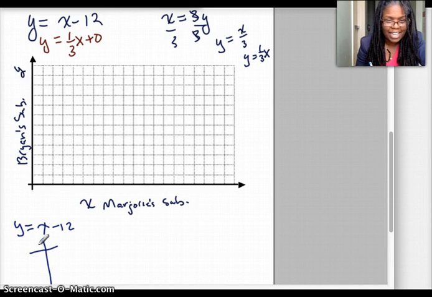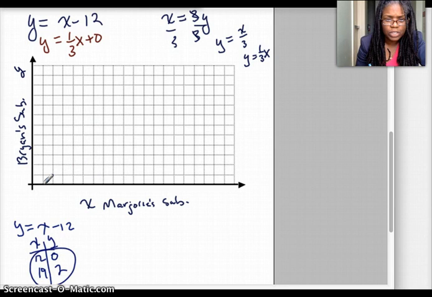So here's x and here's y. I'm going to choose some x values that can work. If I put 12 here, when x is equal to 12, y is equal to 0. And if I put, let's say, 14, when x is equal to 14, y is equal to 2. These are 2 points that are going to get me a line.